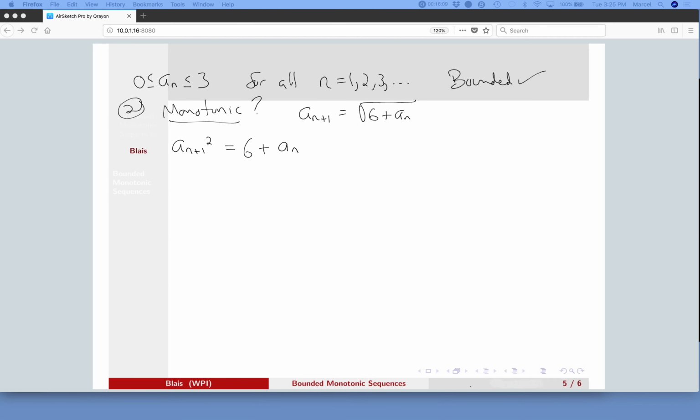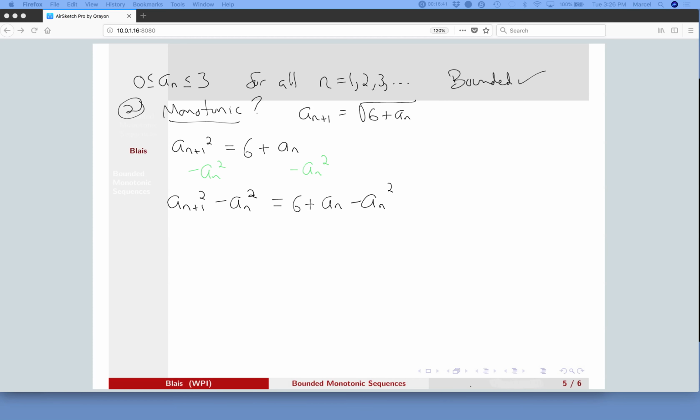Now we can do a trick where we subtract a sub n squared from both sides. If we do that, this becomes a sub n plus 1 squared minus a sub n squared equals 6 plus a sub n minus a sub n squared.